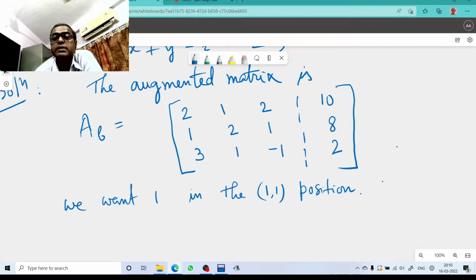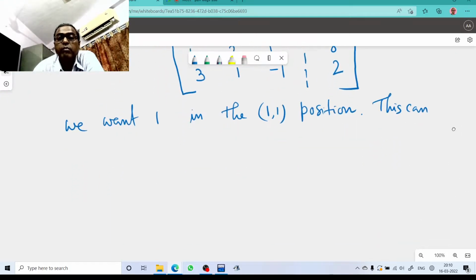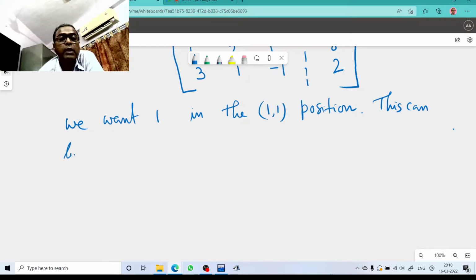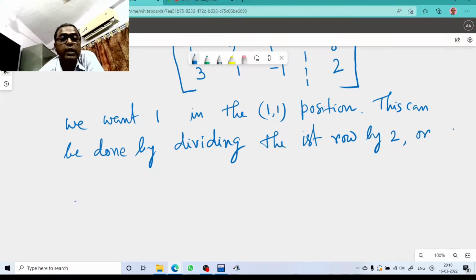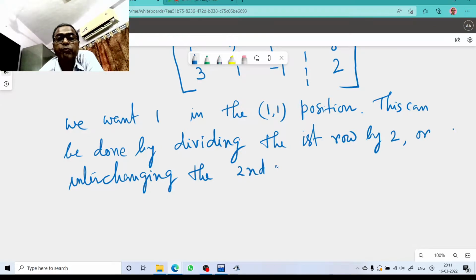Yes, this can be done by dividing the first row by 2 or interchanging the second row with the first row.